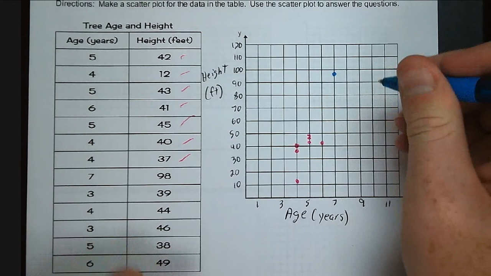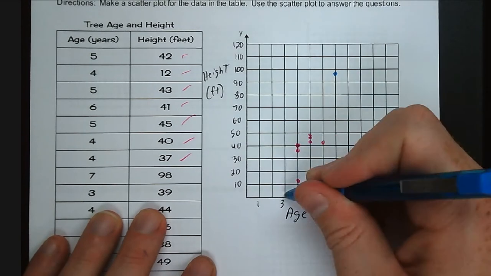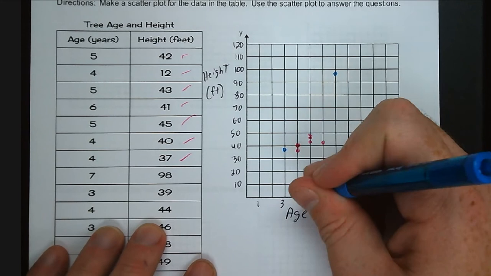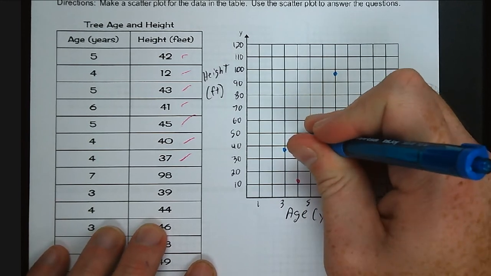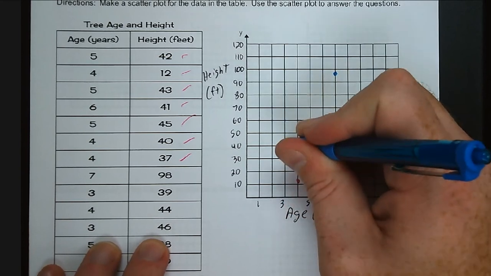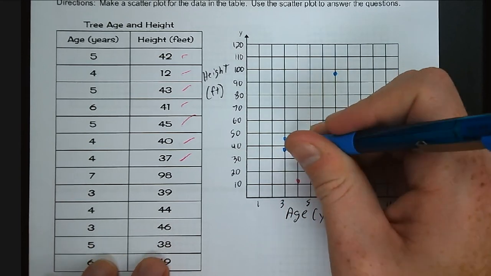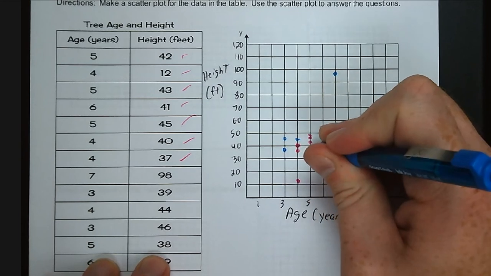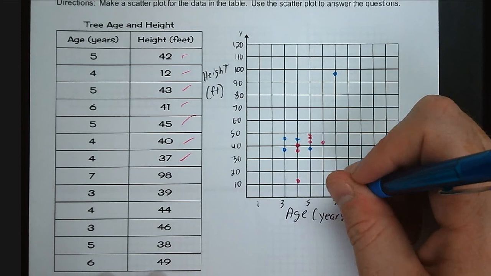We have a point at 3 and 39, right about there. We have a point at 4 and 44, so that's right about there. 3 and 46, so that'll be about there. 5 and 38. And 6 and 49.